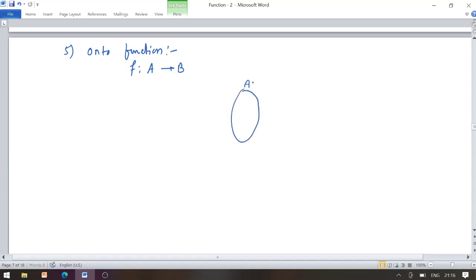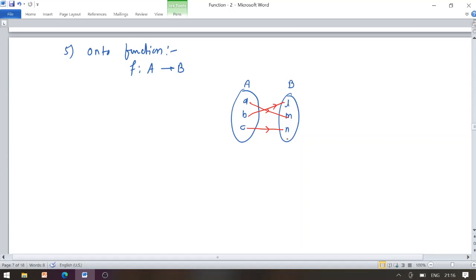Firstly we will consider an example. Suppose set A has elements a, b, c, and set B has elements L, M, N, and suppose A is related to M, B is related to L, and C is related to N. Look carefully.